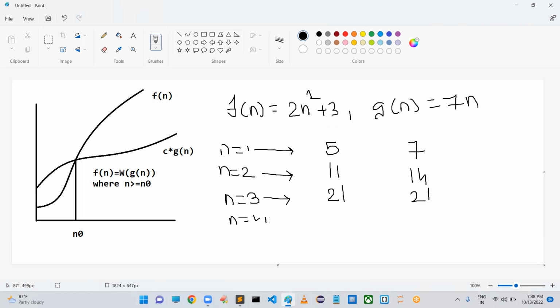If you take n is equal to 4, 4 square is 16, 16 into 2 is 32, plus 3 is 35, and 7 into 4 is 28. Now when n is equal to 5, 5 square is 25, 25 into 2 is 50, plus 3 is 53, and g of n is 35.